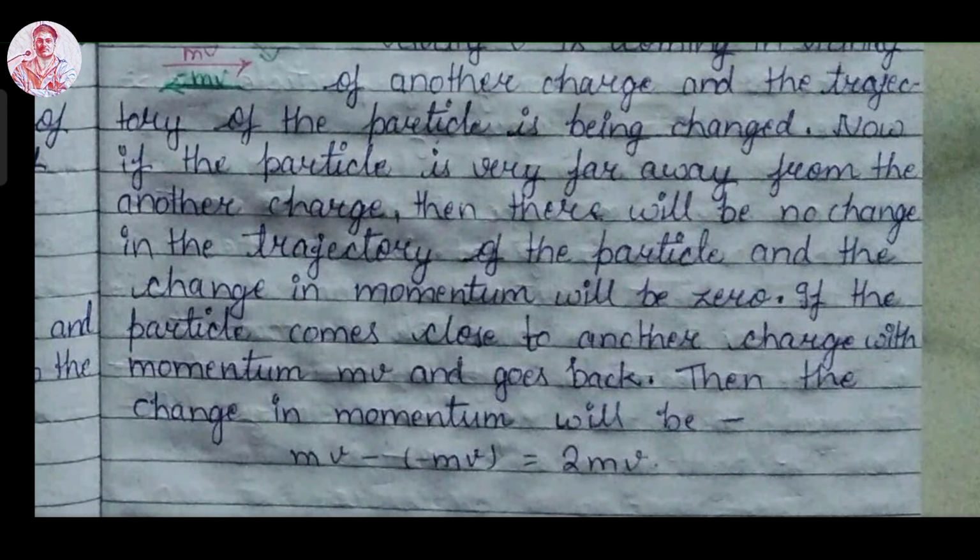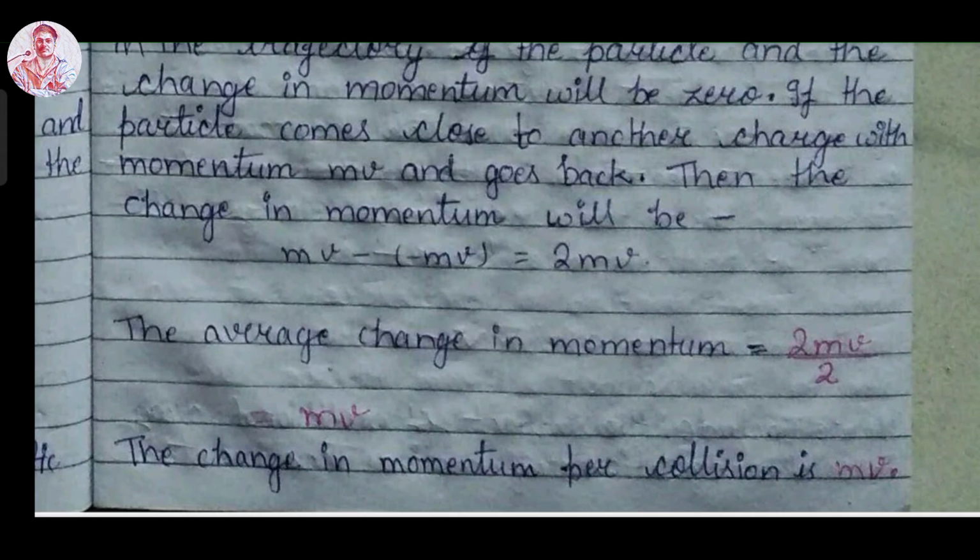If the particle comes closer to the other charged particle, then the momentum is mv, and the change in the momentum, given by mv minus minus mv, is equal to 2mv. The average change in the momentum is 2mv by 2, which is equal to mv. The change in the momentum per collision is mv.